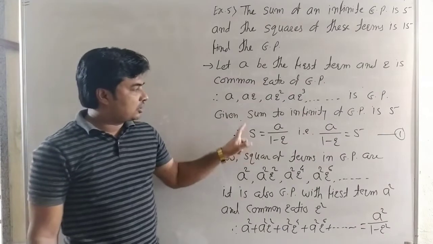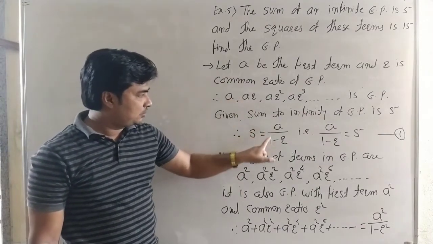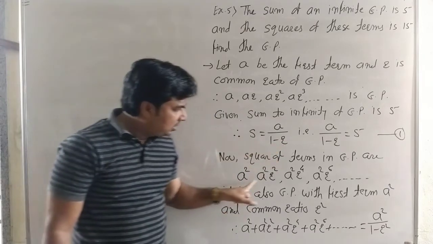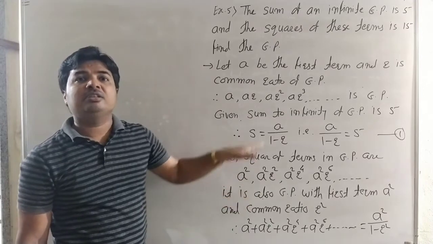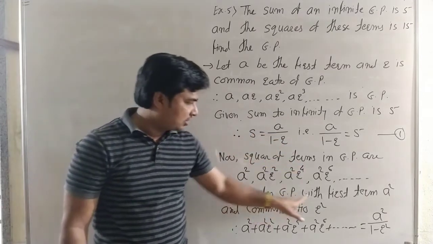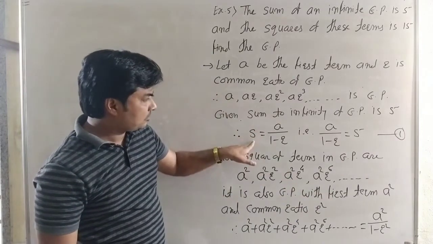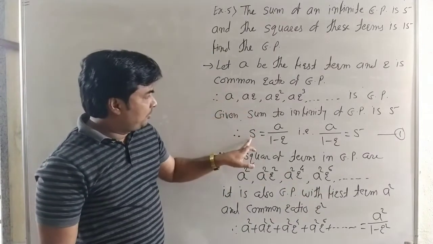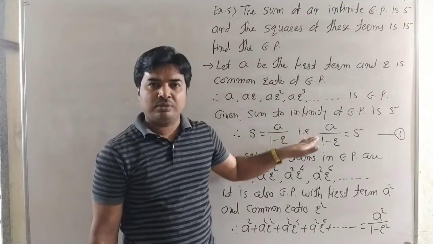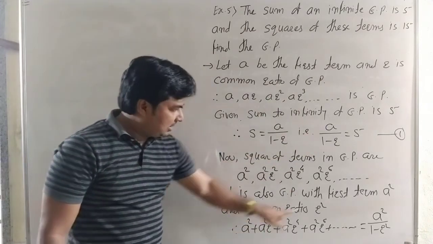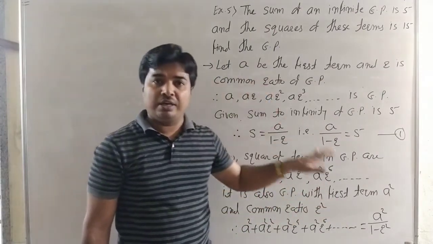It is the formula for the sum of the infinite terms: first term upon 1 minus the common ratio. In this geometric progression, a square is the first term and r square is the common ratio. If the sum to infinity exists, that means mod r is less than 1, and this exists if mod of r square is also less than 1.